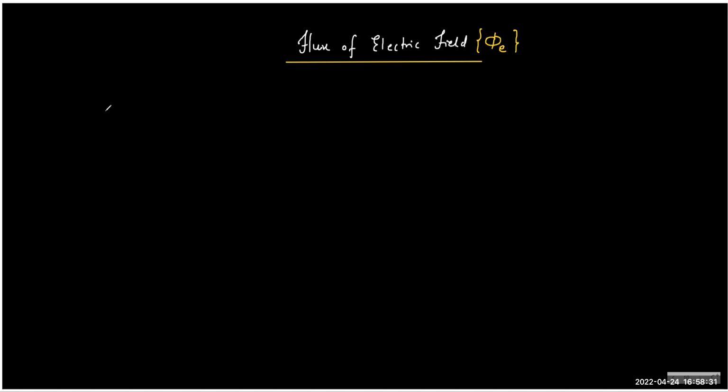In general, flux is a concept that can be due to any sort of field, not necessarily electric. It could be gravitational, magnetic, or some unknown field like a velocity field. So flux is a very generic concept, and we'll try to understand it and then apply it to other fields.